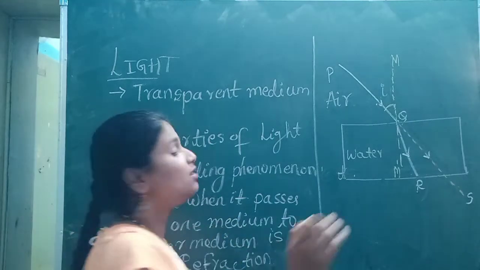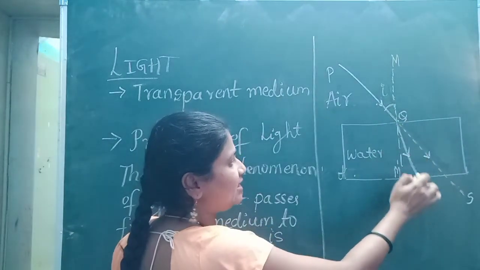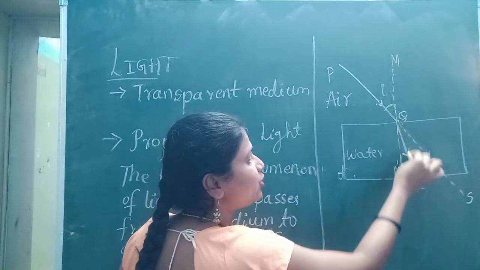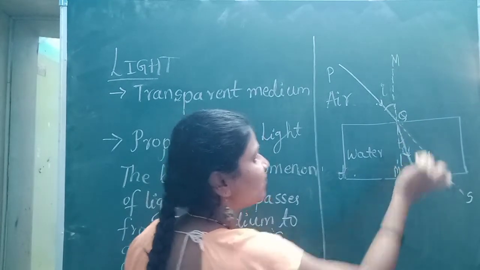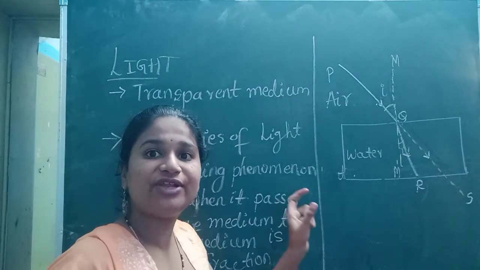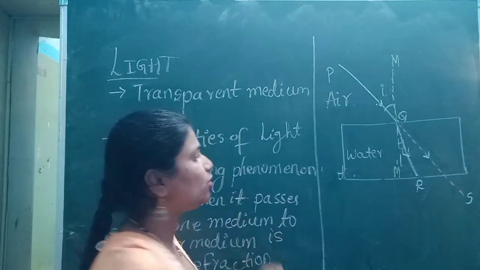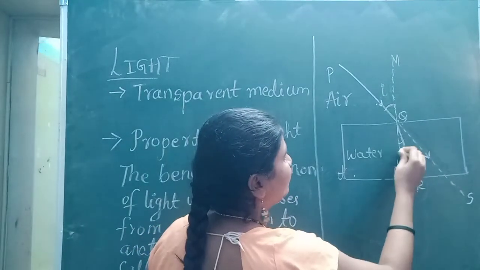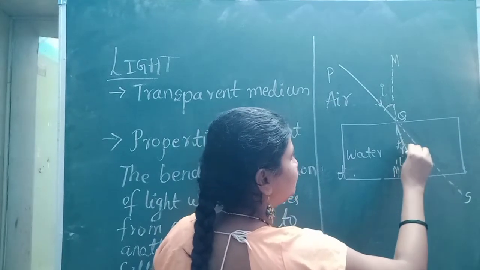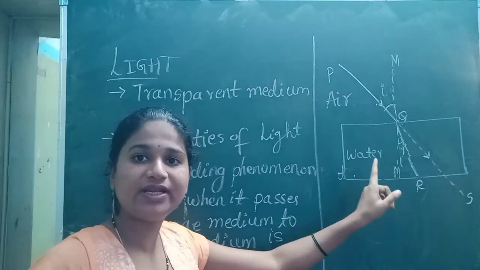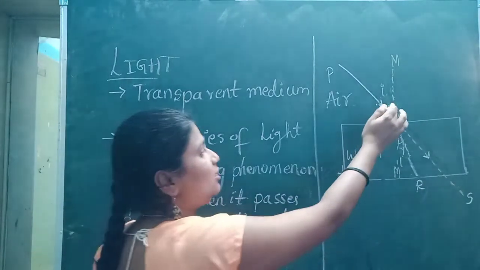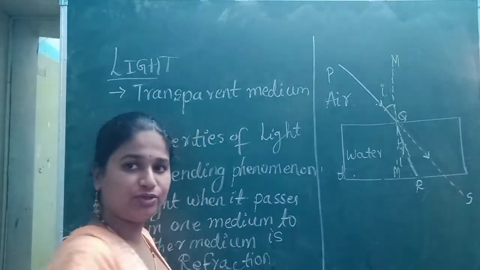The angle between QR and the normal is the angle of refraction. It is also denoted by a lower case r. So angle of incidence, angle of refraction.